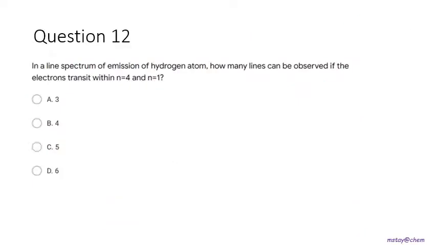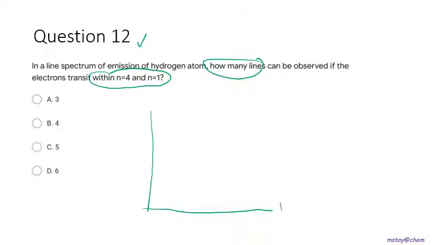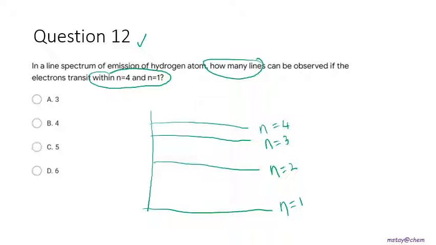Question 12. In a line spectrum of emission of hydrogen atom, how many lines can be observed if the electron transits within n equal to 4 to n equal to 1? Basically, we can start by drawing the energy level diagram: n equal to 1, n equal to 2, n equal to 3, and n equal to 4.